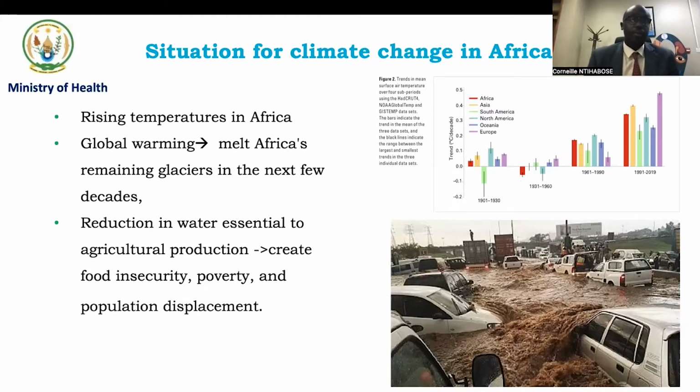This is because global warming can melt Africa's remaining glaciers in the next few decades. And also some parts of Africa have reduction in water essential to agriculture production, which can create food insecurity, poverty, and also some population displacement. Next.